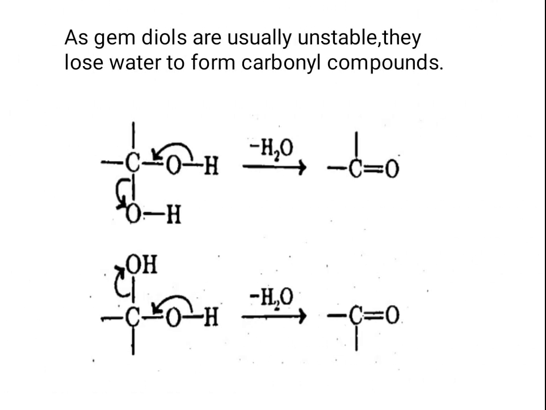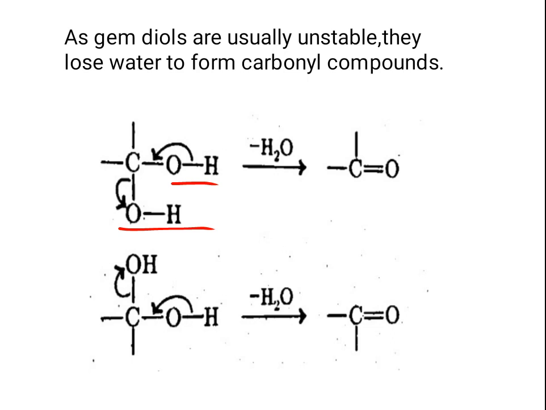So why are we doing this? We can do this because we know that geminal diols are usually unstable and they lose water to form carbonyl compounds. So this is the mechanism of that process. A geminal diol means two hydroxyl groups on the same carbon, and a vicinal diol means two hydroxyl groups on two adjacent carbons.